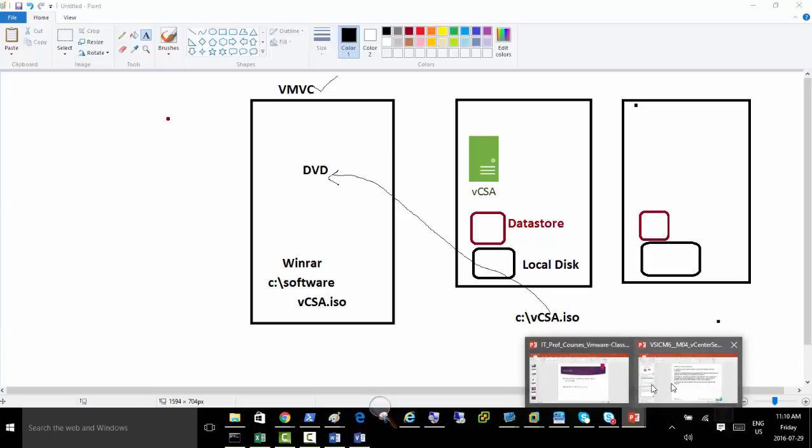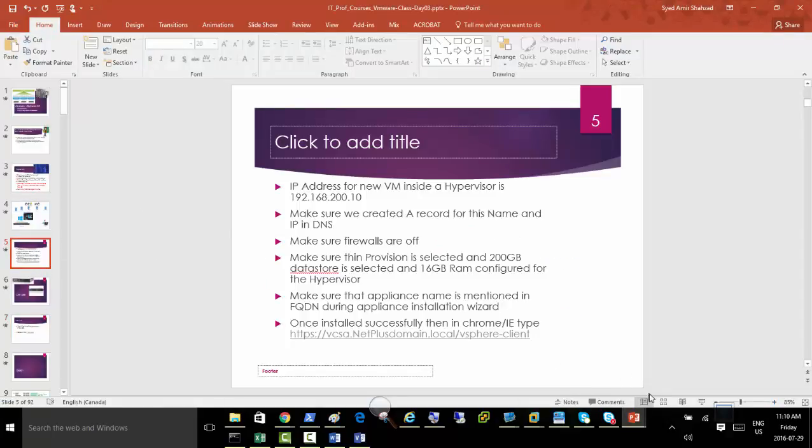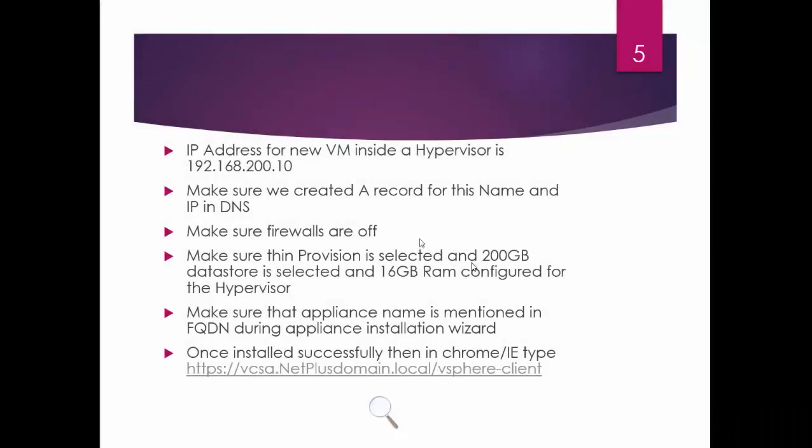Let me just grab those. Okay, requirement number 1. First of all, an IP address for the new VM. We have to select an IP address. We have to think of an IP address and a name for vCSA. So the IP address is 200.10. We don't have any machine with 200.10 yet, right?